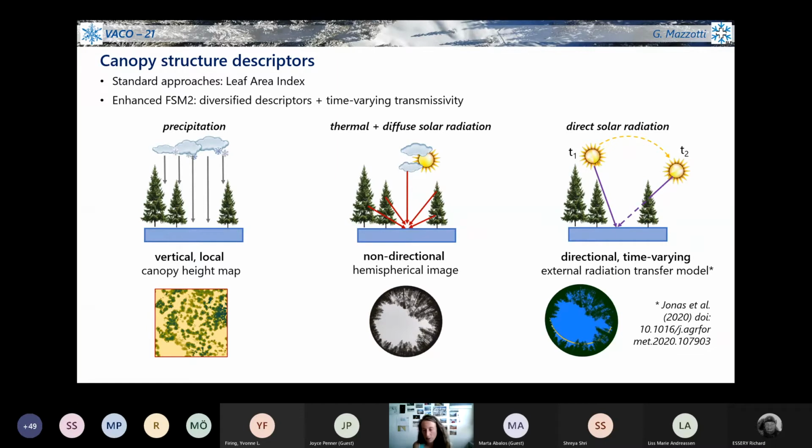And like that, it obtained a time series of canopy transmissivity for shortwave radiation. We then directly fed this time-varying transmissivity to FSM2. With this approach, we were able to incorporate the very complex process of shortwave radiation transfer in a quite simple way. And we allowed, in general, every process to see the scale and perspective relevant to it.